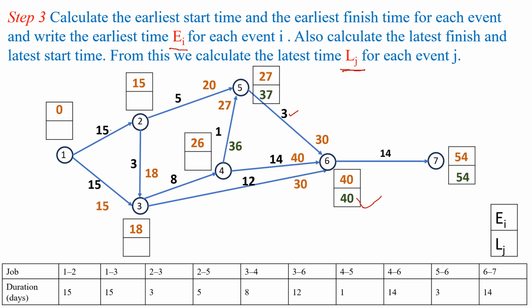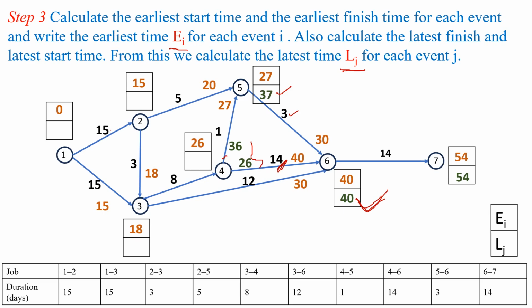Next we have to look for the activity 4 to 5. For activity 4 to 5 finishing time will become 37 and start time will become 37 minus 1, that is 36. Next we have to look for the activity 4 to 6. For activity 4 to 6 finishing time is 40 and start time will become 40 minus 14, it is 26.